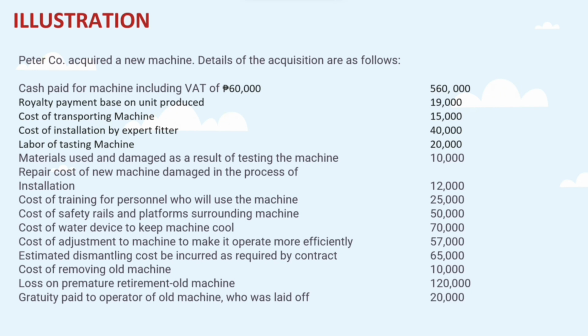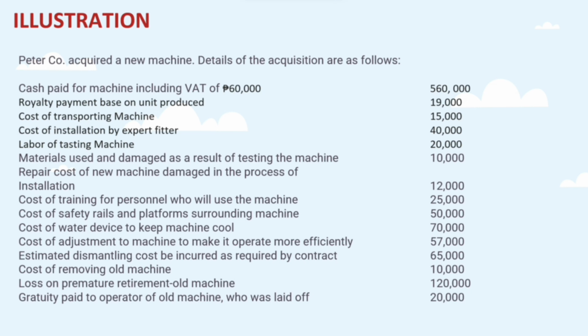So before proceeding to the solution, let us first identify what should be included and what is not to be included in our solution. So cash paid for machine including value added tax of 60,000. This should be included.